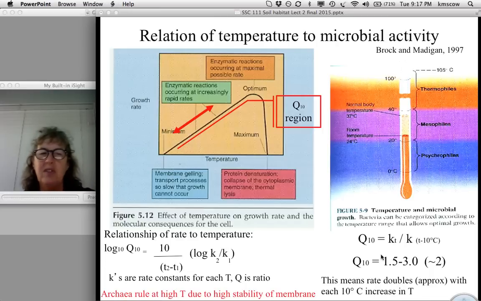There's been a lot of interesting discoveries of different kinds of Q10s for particular kinds of microbial reactions. So, as usual, nothing is as simple as I'm telling you, but it's still a very good rule of thumb. And people use this relationship in models that are predicting rates of biodegradation or rates of nitrogen release from compost and organic farming or different kinds of microbial processes.